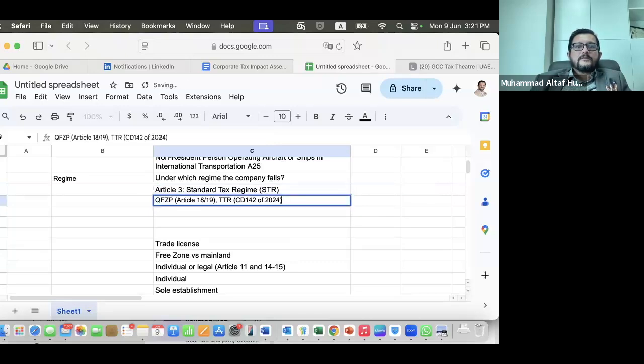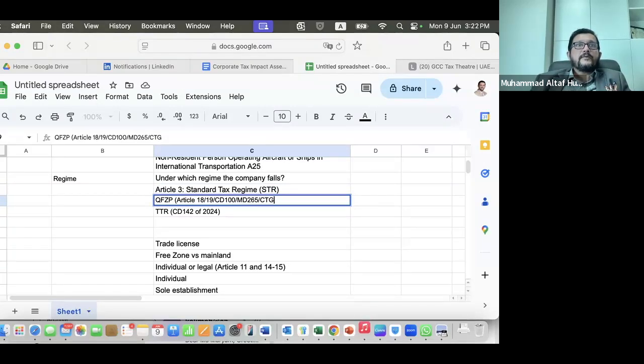We can mention that the qualifying free zone person regime is relevant here. There will be too many things under qualifying free zone, that's a big thing. Under the qualifying free zone person regime, CD 100, MD 265, and the corporate tax guide, all of these will become relevant.